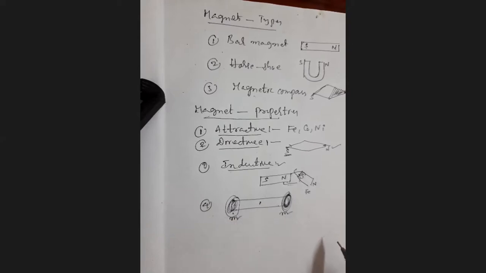The ends where the iron filings are more concentrated or crowded are called magnetic poles. In the center of the magnet, not a single iron filing is observed. This is called the neutral region. Here magnetism doesn't exist. Magnetism exists maximum at the ends, and very minimum or almost zero at the center of the magnet.